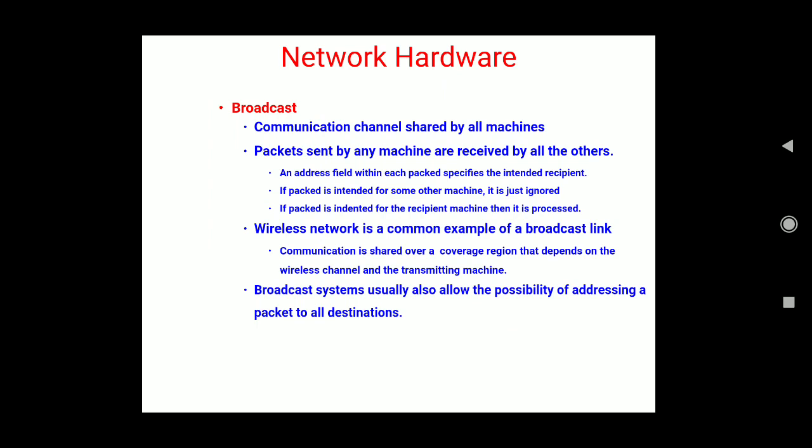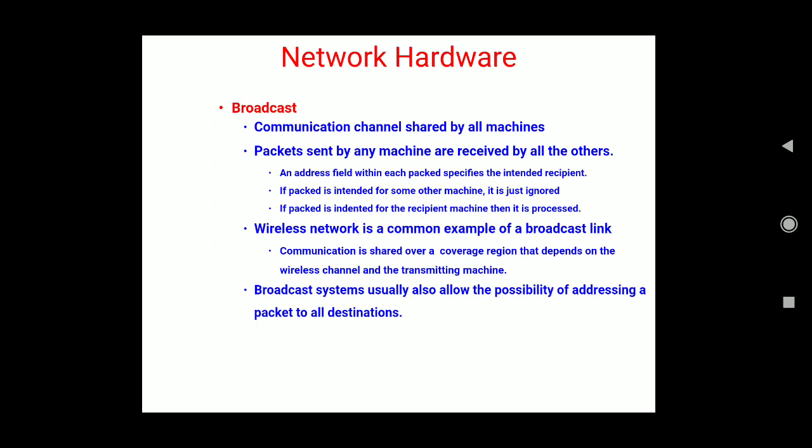So broadcast, as we have just seen, the communication channel is shared by all machines, as we have seen in the previous diagram. Now packets, which is the communication unit or the message, we can see that is called a packet here in the networks. The packets sent by any machine are received by all the other machines as the packets are broadcast.